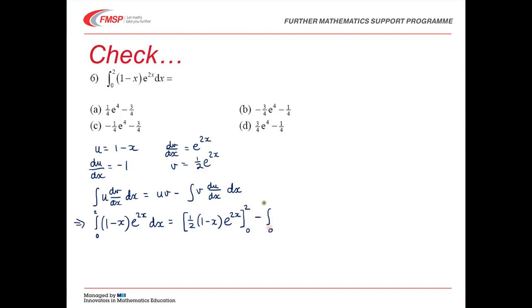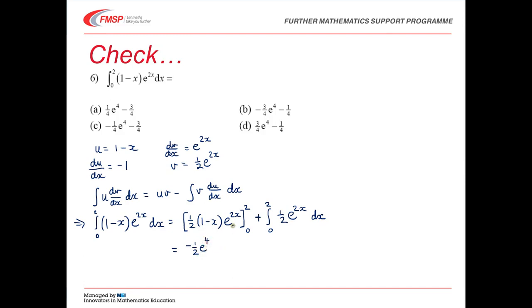Minus the integration again from 0 to 2 of v du by dx. So minus, we'll cancel with that minus to make a plus a half e to the 2x. So evaluating the first bit when x is 2, that gives me minus 1 in the bracket times a half, so minus a half e to the 4.